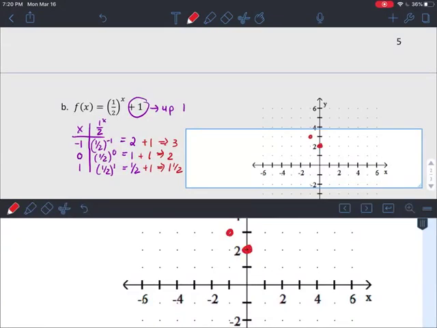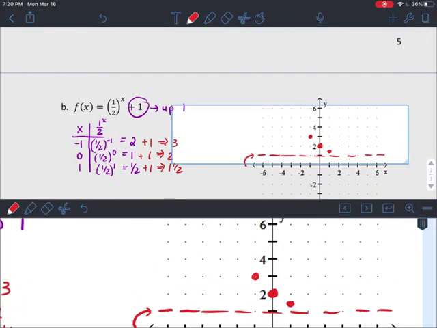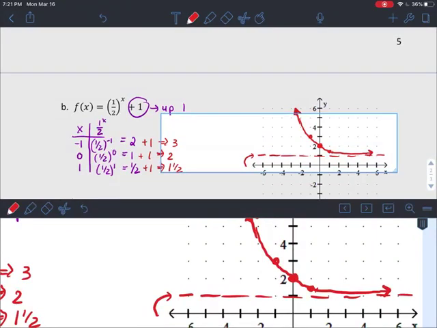If I plot these, since it was translated up 1, your horizontal asymptote isn't going to be along the x-axis anymore. It's been moved up 1 as well to the line y = 1. So make sure you shift that asymptote up and then draw your line in so that it goes towards that horizontal asymptote. So same kind of curved shape going towards the asymptote that's shifted up 1.